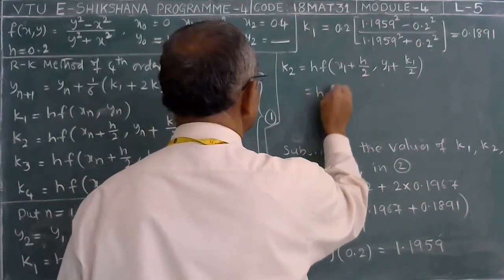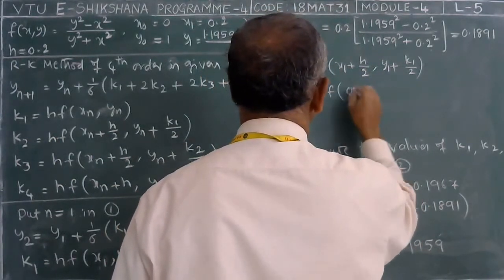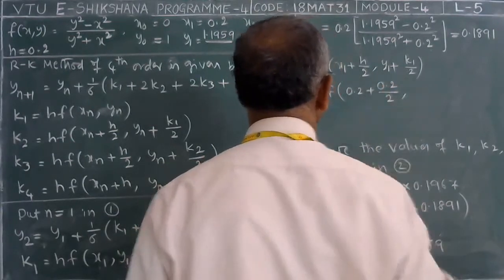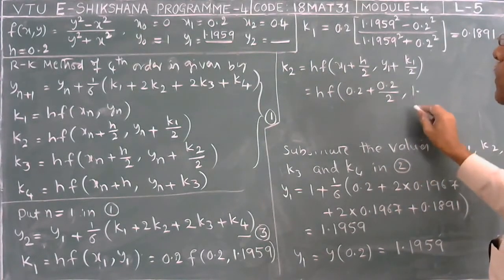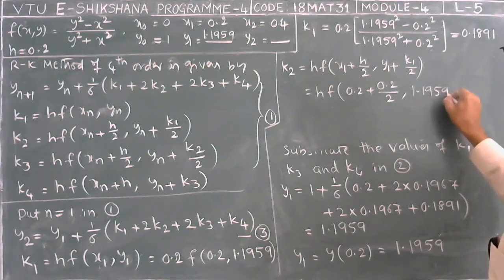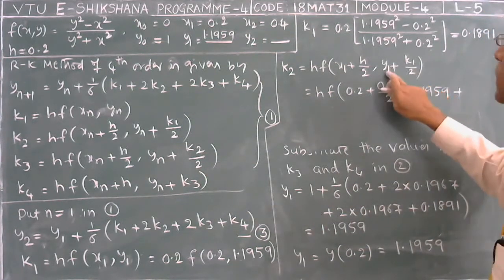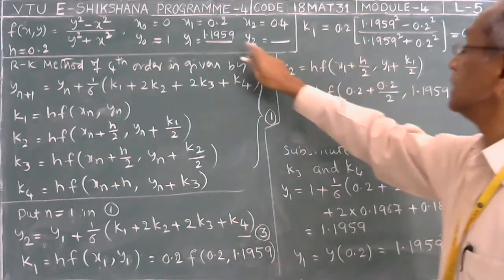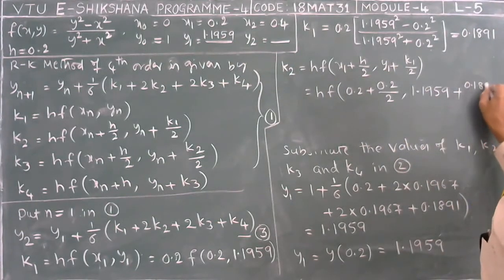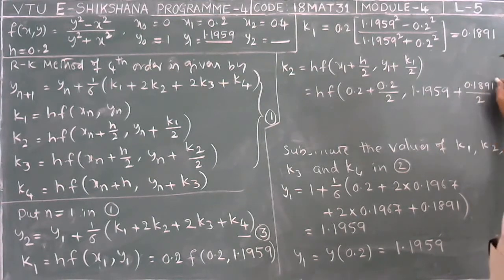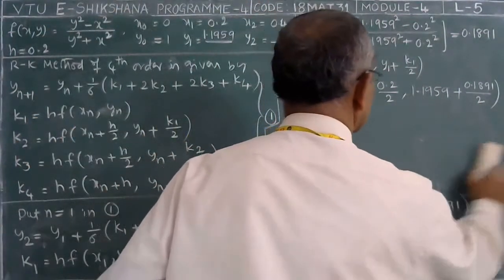So K2 is h into f of x1 is 0.2, so 0.2 plus 0.2 divided by 2 comma y1 now is 1.1959 plus k1 by 2. y1 is 1.1959 plus k1 by 2. k1 is 0.1891 divided by 2. Okay.